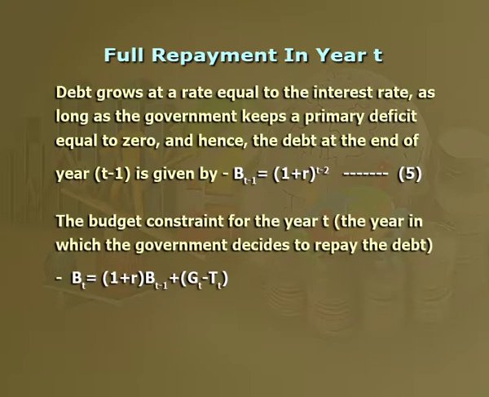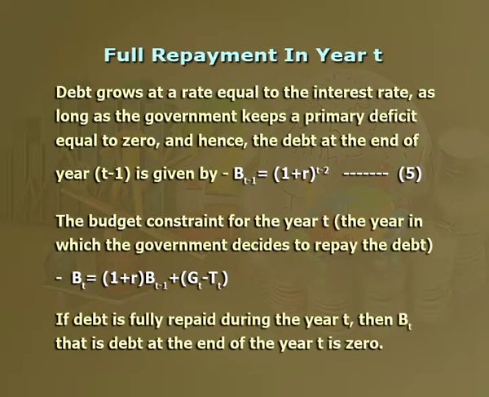The budget constraint for year T, the year in which the government decides to repay the debt, is BT = (1 + R) × B(T−1) + (GT − TT).